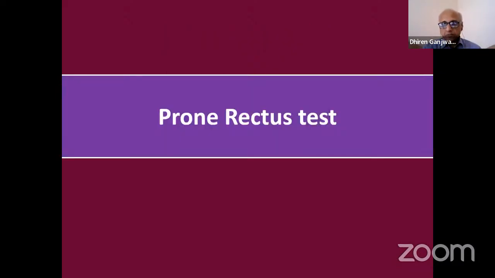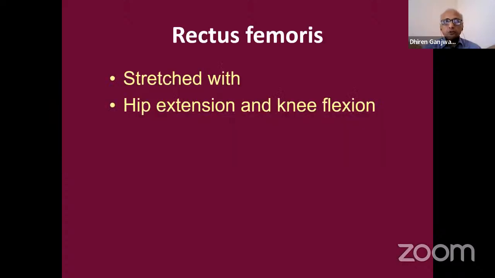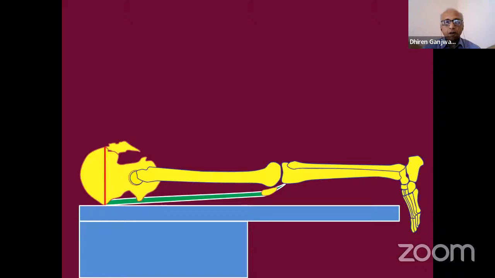The prone rectus test was already described by the previous fellows, but let's understand it. The rectus is stretched when the hip is in an extended position and the knee is in flexion, because it is anterior to the hip joint and anterior to the knee joint.